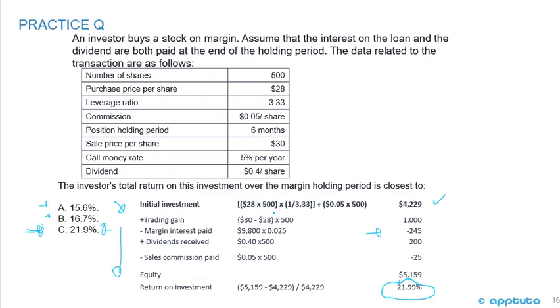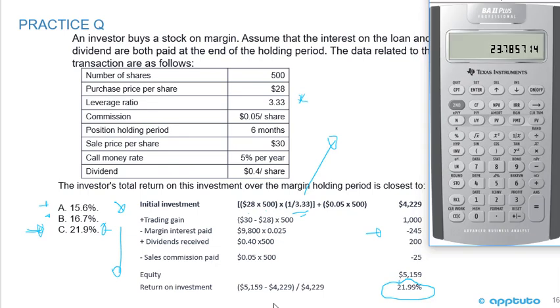And so we have our initial investment. Remember, it's the $28 times the 500 times our initial margin requirement. Now here they've given us the leverage ratio. So recall our initial margin requirement is 1 divided by the leverage ratio. So it's 1 divided by, and they're giving us a funny number, 3.33. So it's not rounding perfectly. You see, they're giving us 30% plus a little bit.